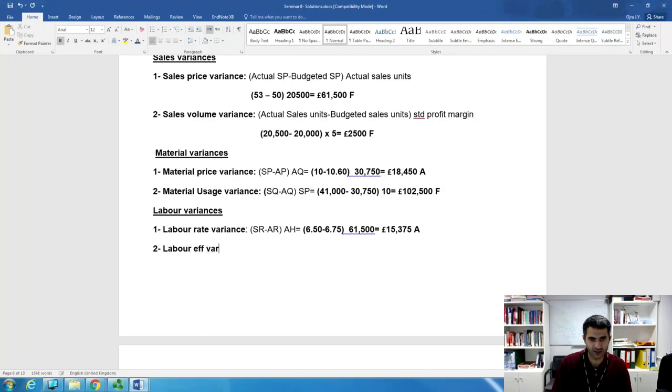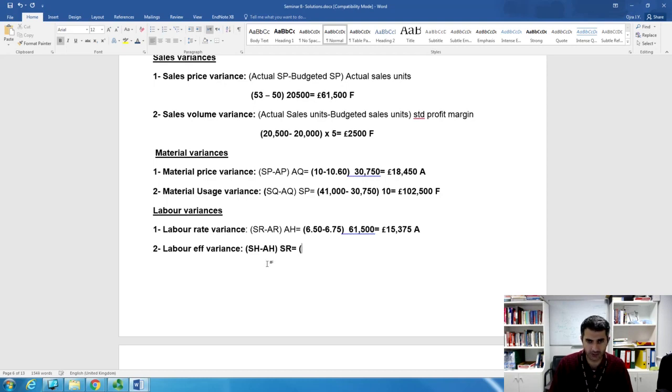efficiency variance. With labor efficiency variance, again the formula is the same as the material usage variance, but instead of Q we use H, and instead of PR. So that's standard hours minus actual hours times standard rate.